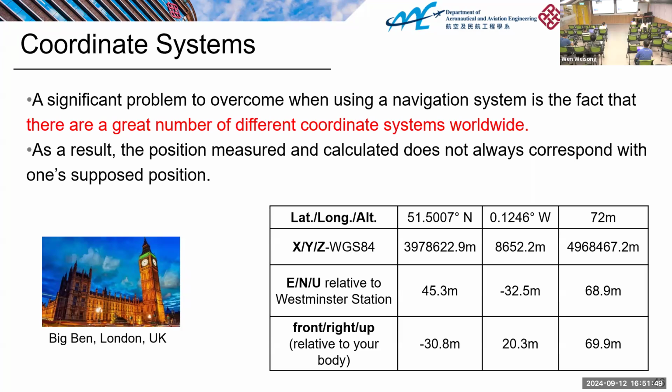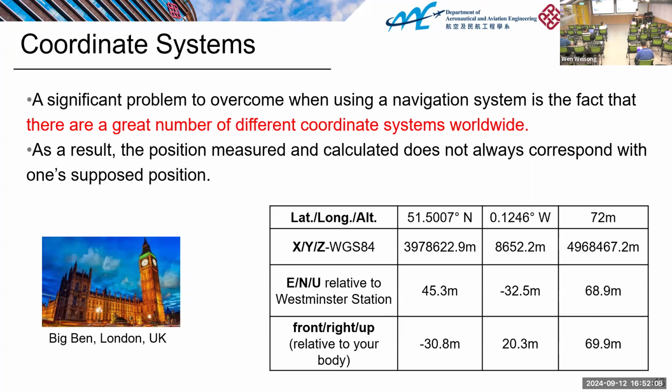For example, for this one, this is the longitude and latitude, in degrees. This is a global coordinate. You can communicate with anyone in this world based on these coordinates because they are unique.